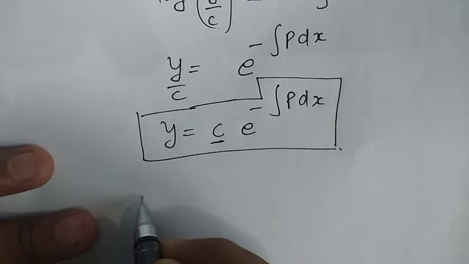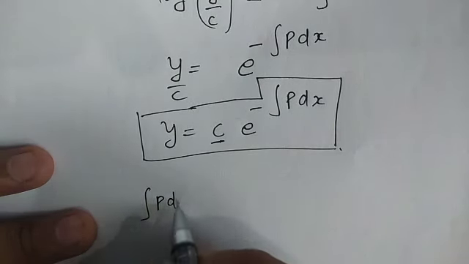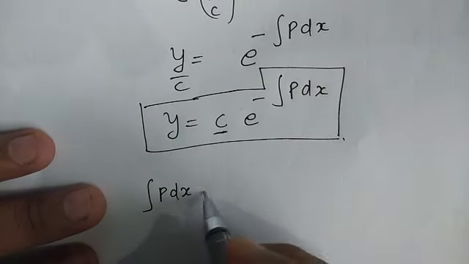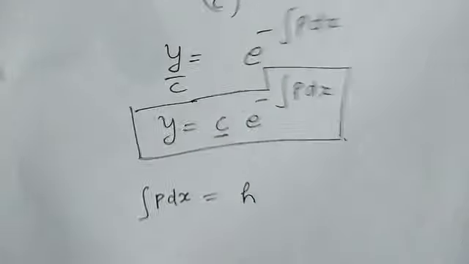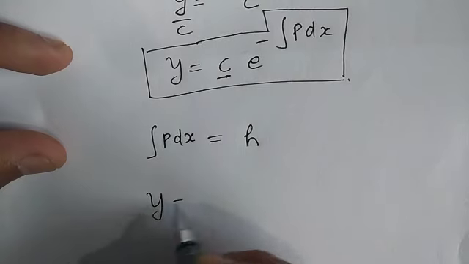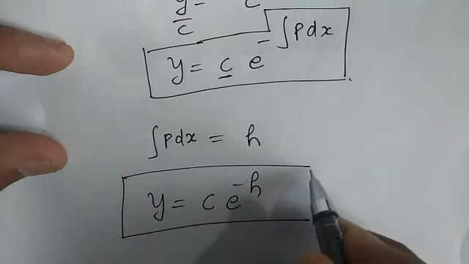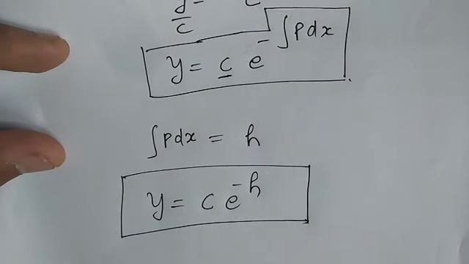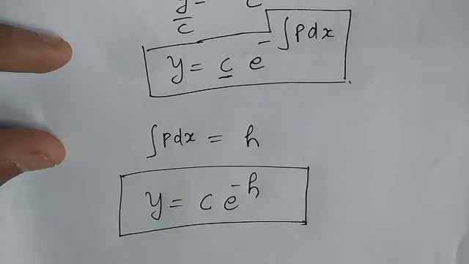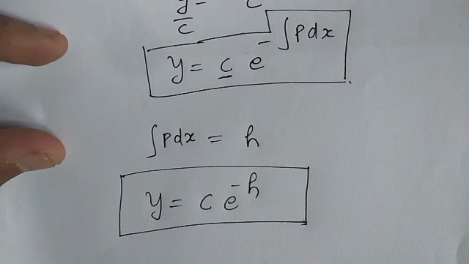If integral p dx equals h, we can write y equals c e power minus h. So this is the final form of the solution of the homogeneous linear first order ODE, where c is an arbitrary constant.